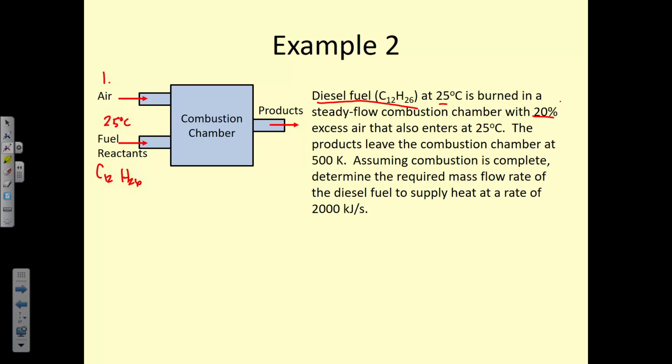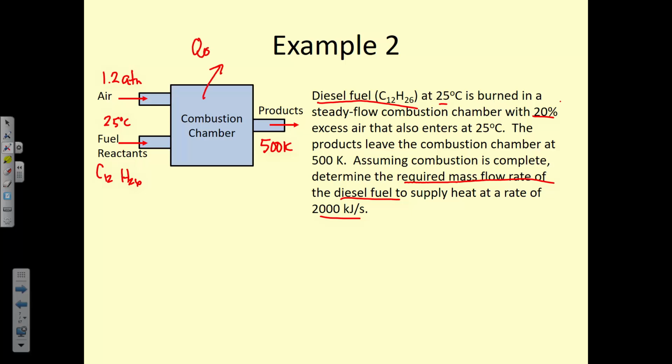That means the air coming in is 1.2 times A theoretical, also entering at 25 degrees C. And the products leave at 500 Kelvin. So we're going to see the difference between products leaving at the same temperature as the reactants versus when the temperature increases. Assuming complete combustion, determine the required mass flow rate of the diesel fuel to supply heat at a rate of 2,000 kilojoules per second.